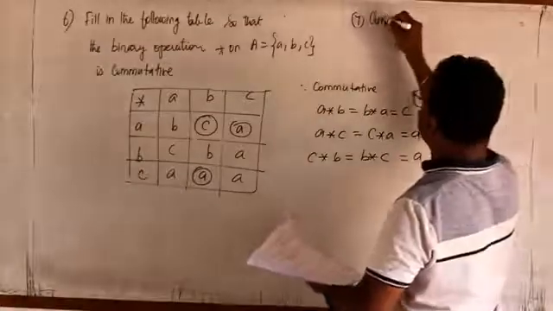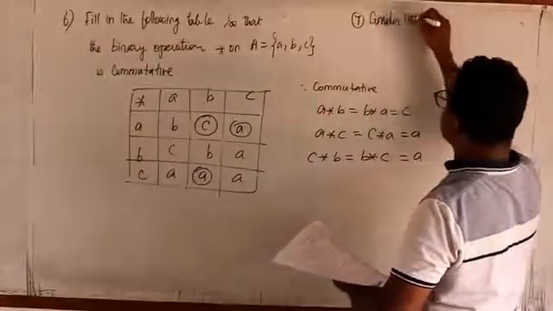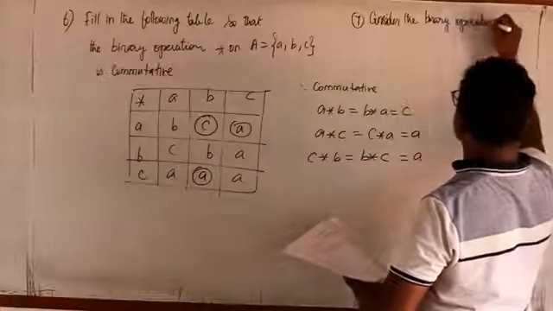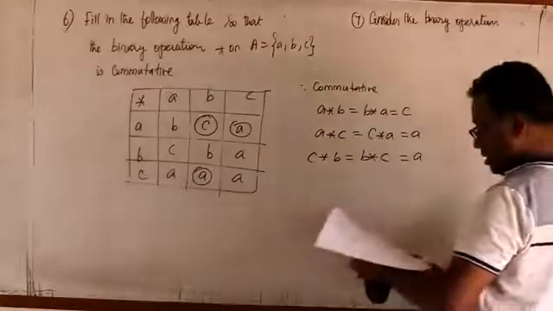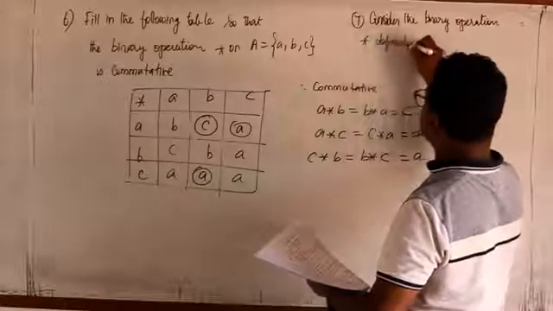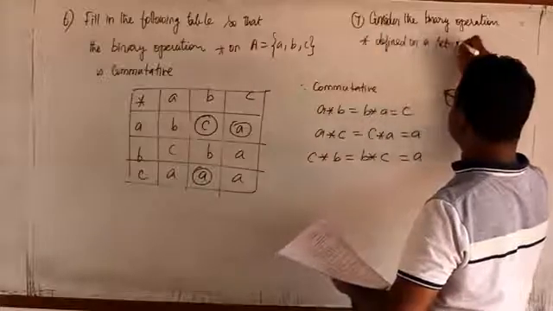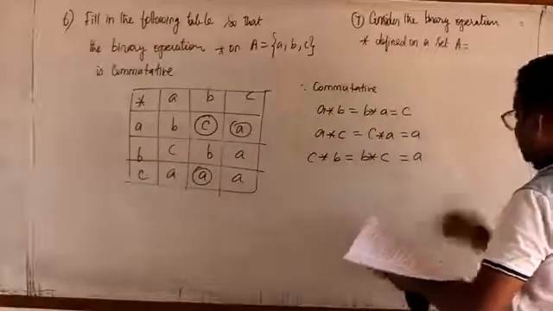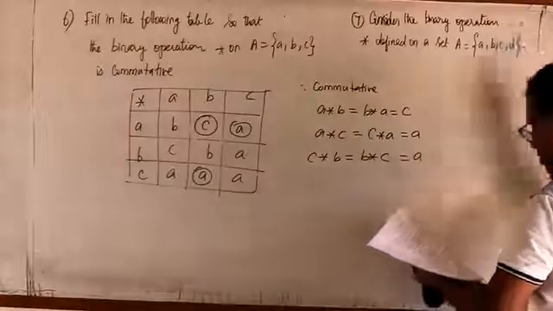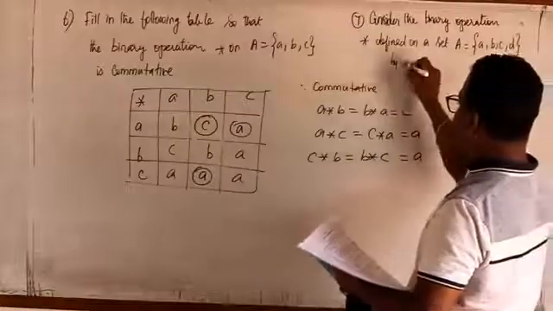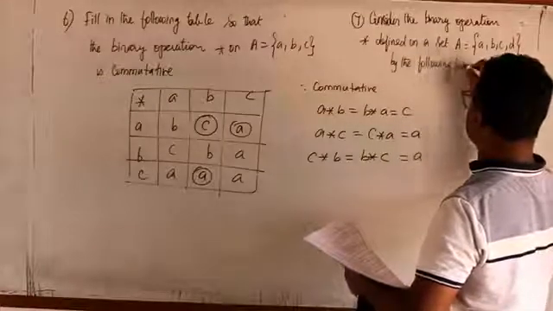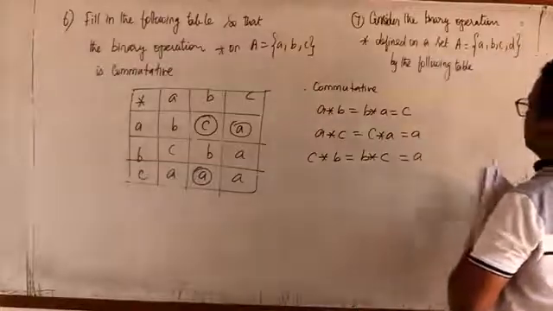Consider the binary operation star defined on a set A equal to A, B, C, D by the following table. They gave the table. So we should have this.